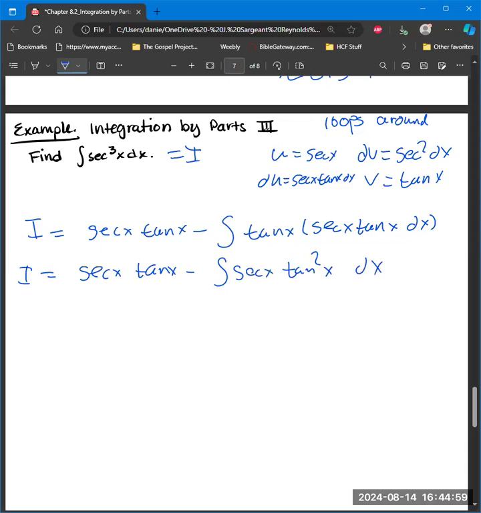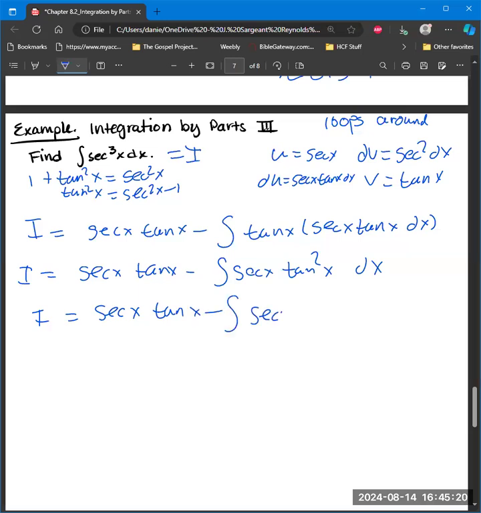And we need to say 1 plus tangent squared is equal to secant squared. So tangent squared is equal to secant squared minus 1. I is equal to secant tangent minus the integral of secant times secant squared minus 1.